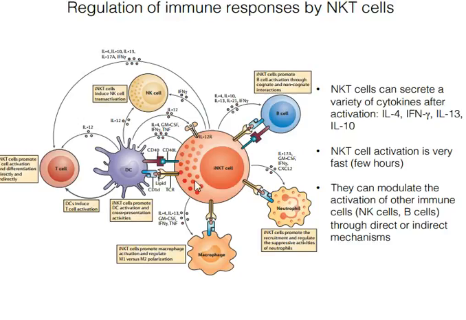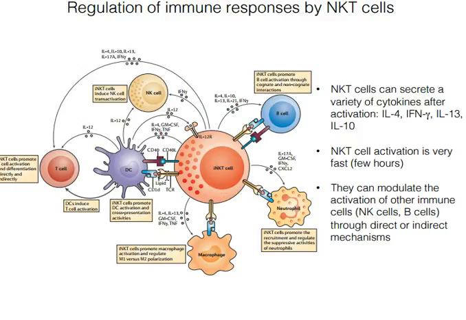Cells activated, so what does it mean? What are the functional consequences of all this? How is the immune response affected by all this? So the main feature of NKT cells is that they can produce cytokines, and they can produce a lot, very, very quickly, as soon as they see a lipid.